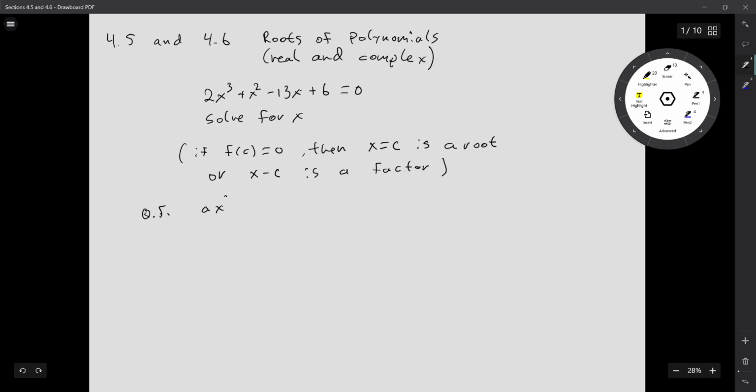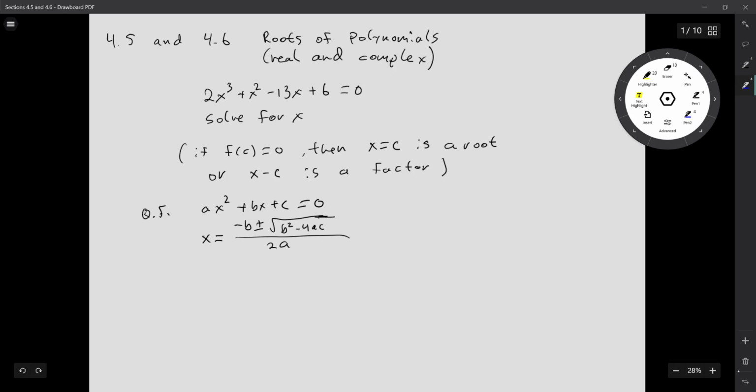If I have ax squared plus bx plus c equal to 0, then my answers are x equals negative b plus or minus the square root of b squared minus 4ac all over 2a.